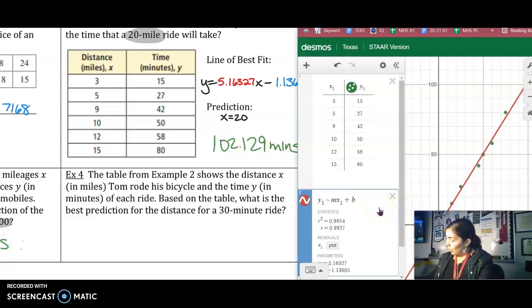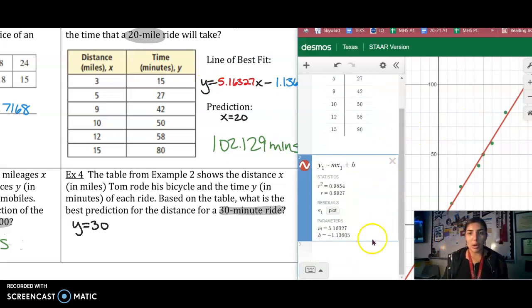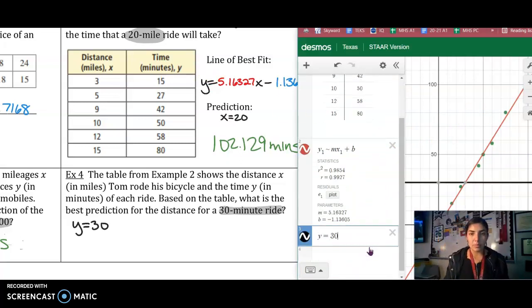But this time, we're asked to find the prediction for the distance given that we're riding the bike for 30 minutes. Knowing that we're riding the bike for 30 minutes, did they give me an input or an output? They gave me an output. They gave me that the output is 30 minutes. So I'm going to use that horizontal line, y equal to 30, to find out where it crosses my line of best fit.